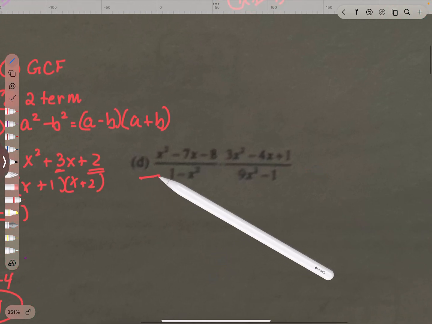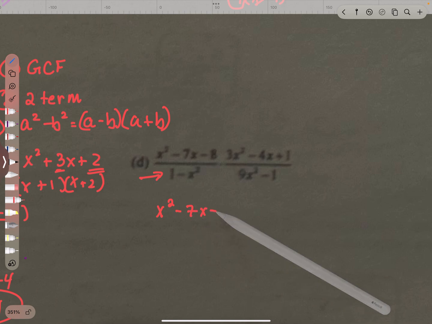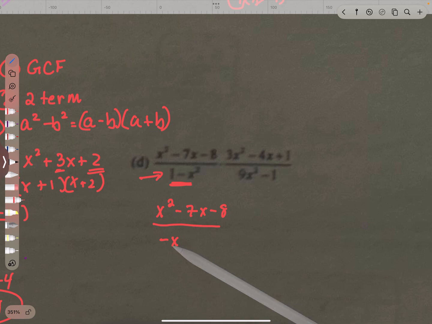Okay. Same thing down here. I'm going to help you a little bit with this one. I think I would start from this place. You can factor that numerator pretty easily. But down here, I would reverse the order. Notice it's a negative x squared, so when I reverse it, it's a negative x squared still. It's a positive 1, so it's still a positive 1.